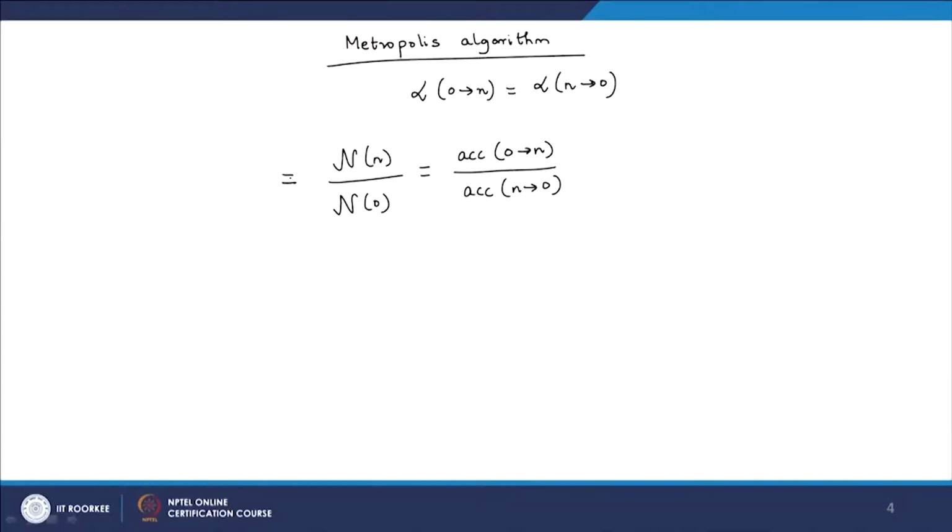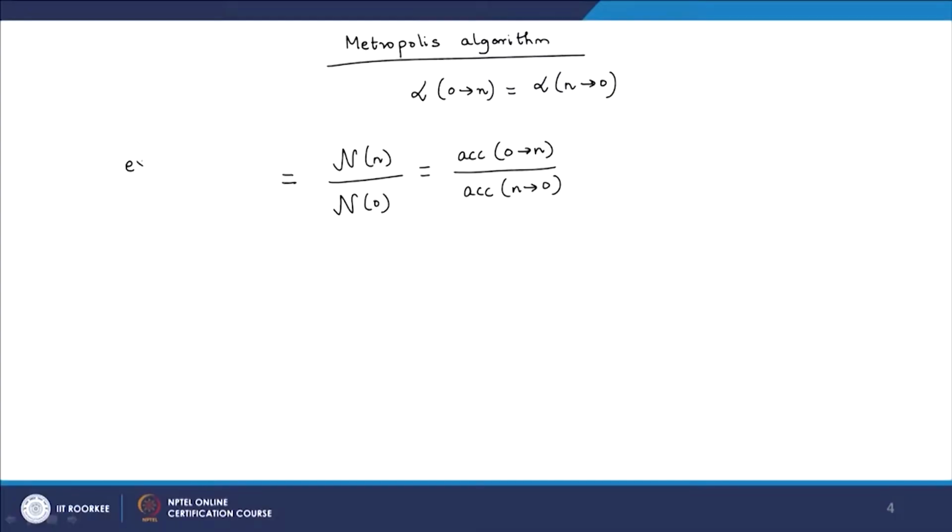So, if I look at the ratio of probability of the new and the old configuration, it will essentially be a ratio of their Boltzmann weights, that is for the new one divided by the same thing for the old one.